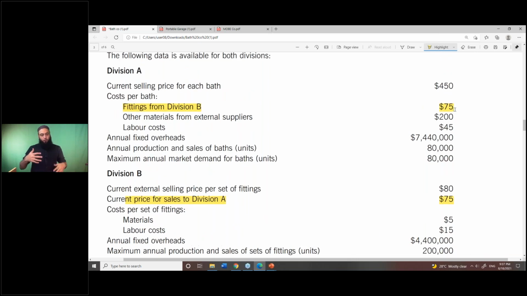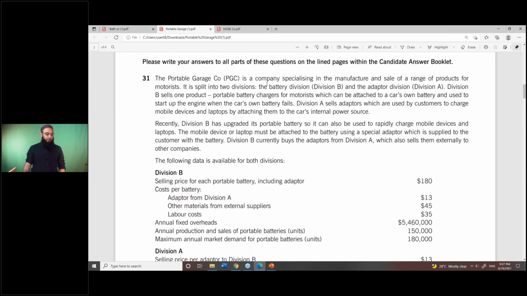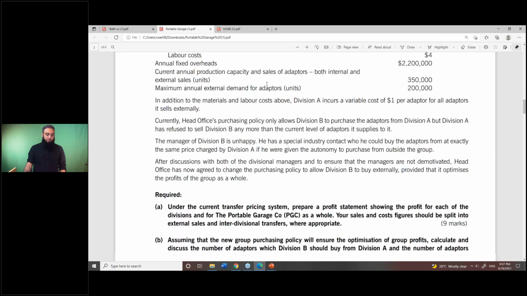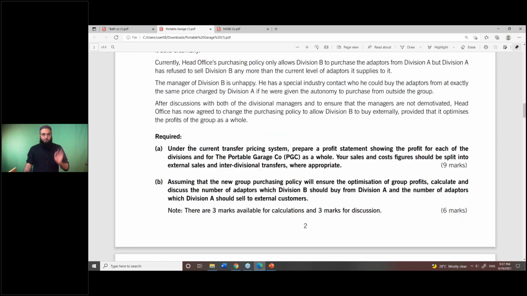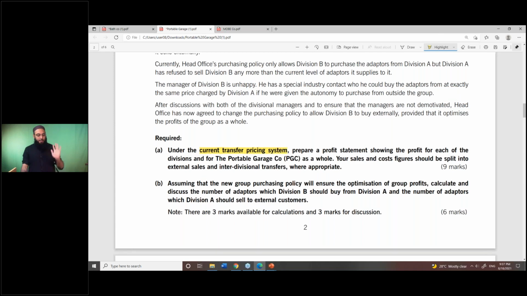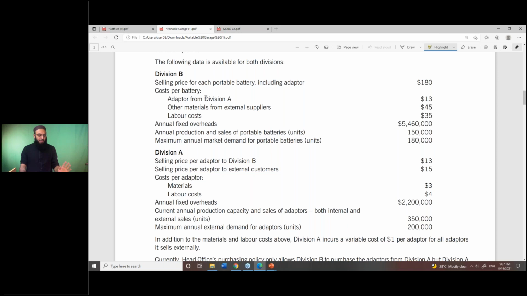To find out the units that they are transferring, I need to read the scenario, so I'm not doing that. I'm just giving you the idea. Okay, done. Now second, Portable Garage company. Almost the same question. It says using the current transfer pricing system, which means there is a current system given here, and see, selling price to B, 13.